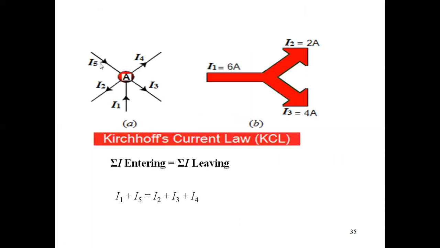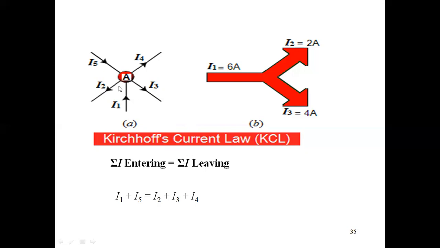Now here one more example I have taken. Here currents I1 and I5 are entering the node A, while currents I3, I4 and I2 are leaving the node A. So according to Kirchhoff's current law, the sum of the currents entering the junction, that is I1 plus I5, should be equal to the sum of the currents leaving that junction.